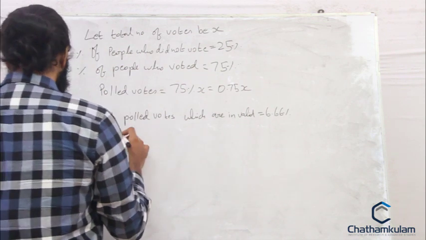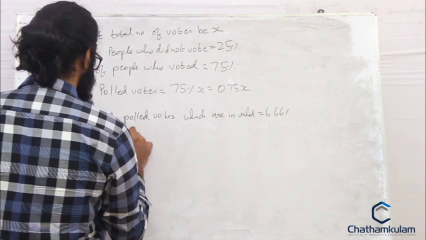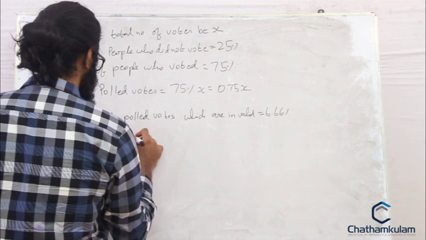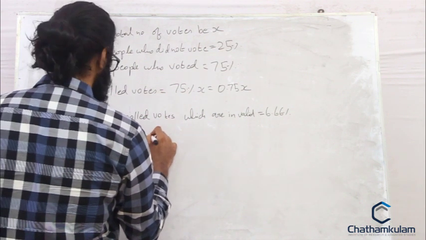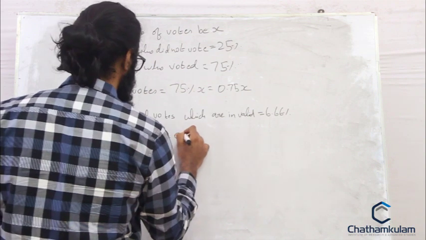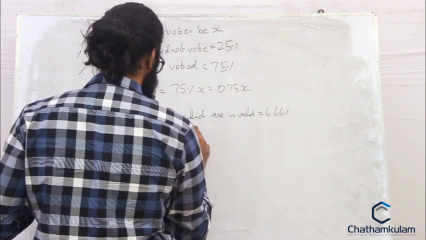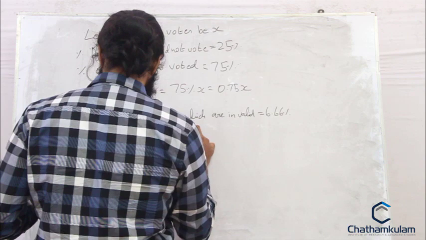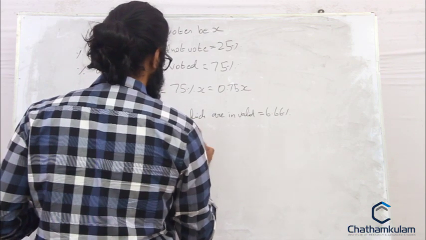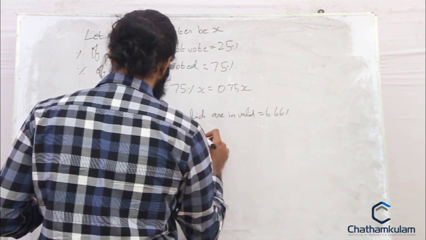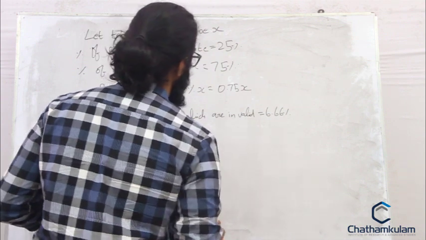That is, invalid votes is equal to 0.067x.